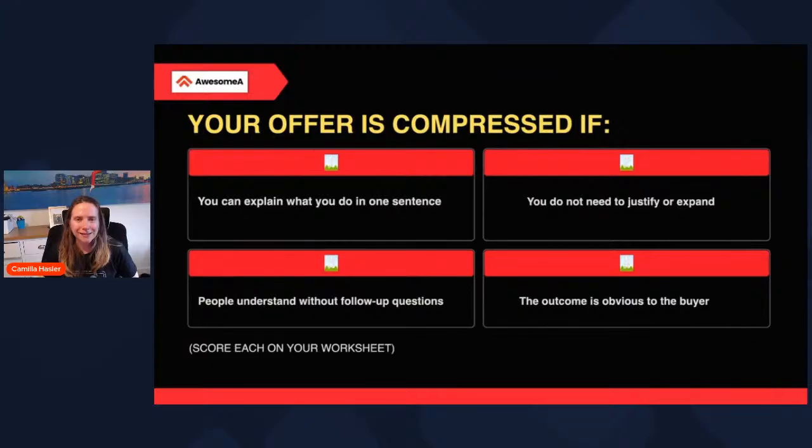Why this is so important is because your offer, your business, what you do and the value you bring, you want it to really land with your buyer, because there are typically many misconceptions around how your product is seen and around the value that you bring, where this fits in, and lots of other things. So you know that your current offer is clear if you can explain it in one sentence.